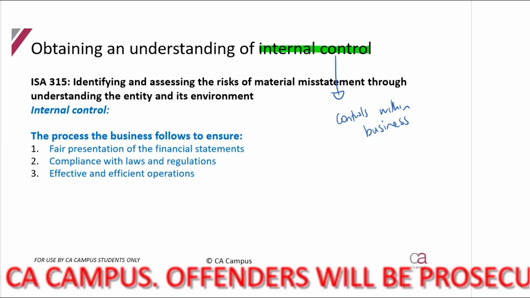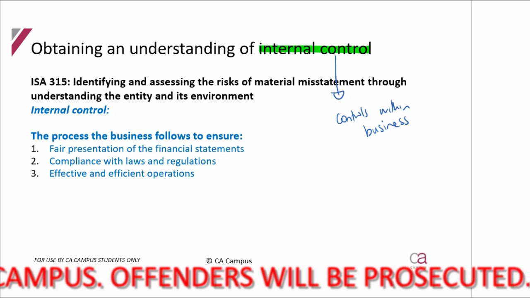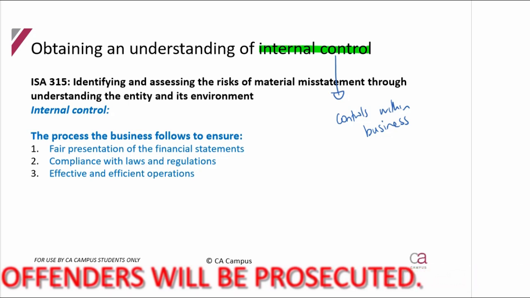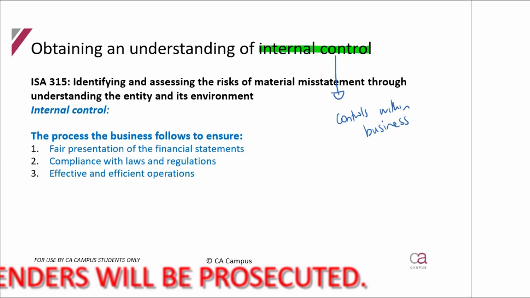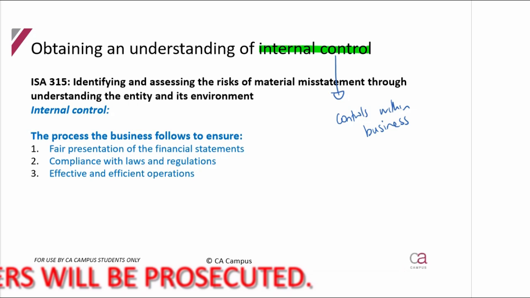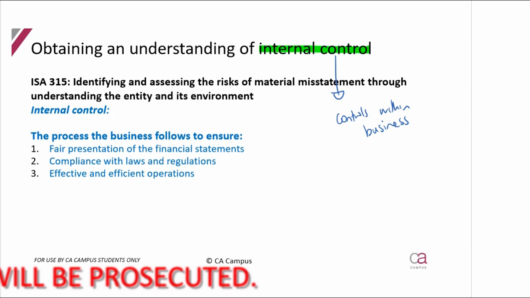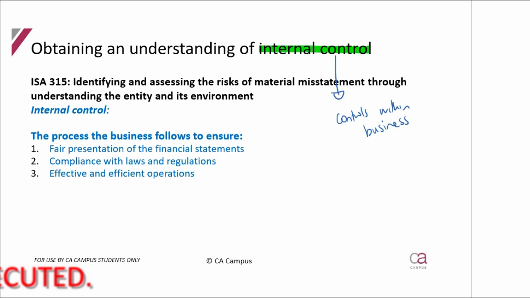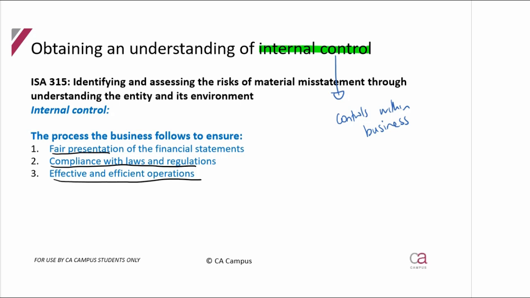And why? Well, if we look at the definition of internal control, it's the process, and guys, in process, it could have been designed, implemented, monitored by the business to ensure that there is fair presentation of the financial statements, compliance with laws and regulations, and effective and efficient operations.